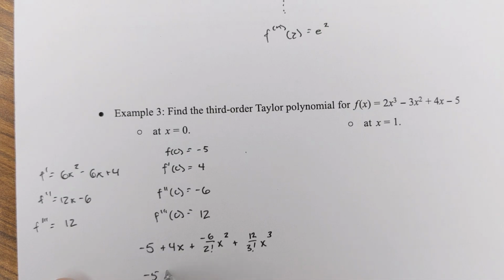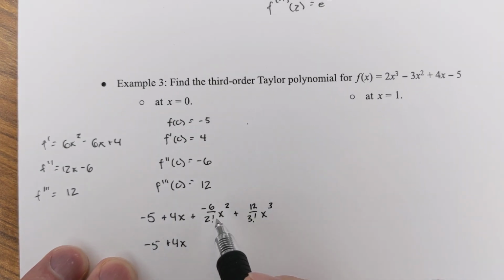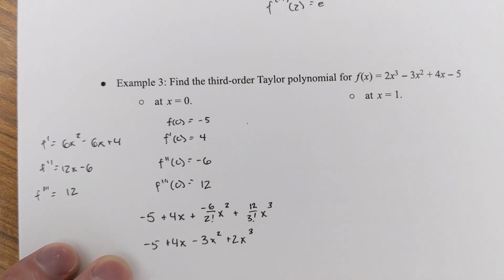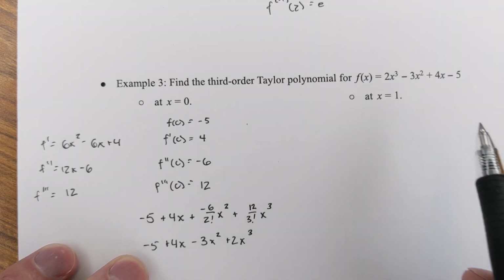So this is -5 plus 4x minus 3x squared, 3 factorial is 6, plus 2x cubed. If you notice, this is actually the exact same thing, just written in the other order.